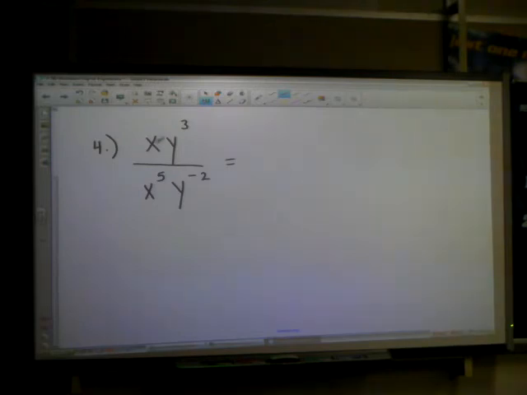Alright, to start with, what exponent do we have with this x? 1. Alright, so 1 minus 5 gives us negative 4.